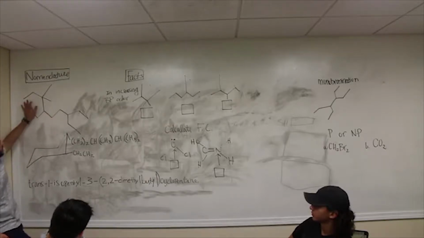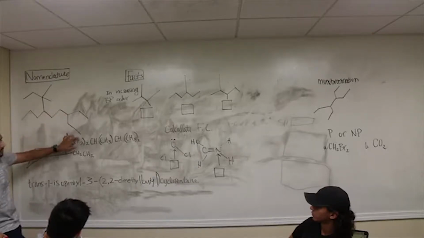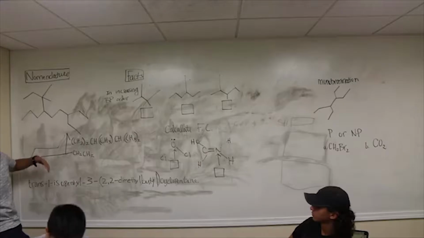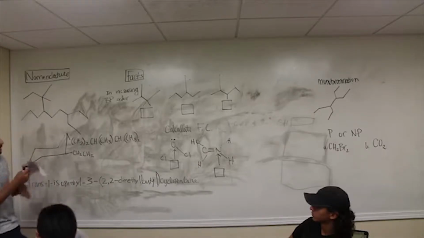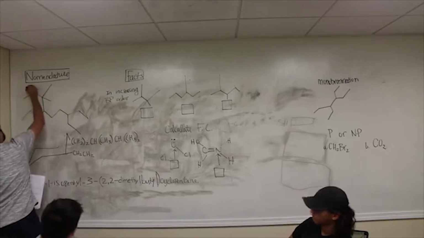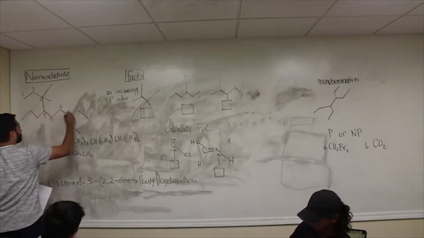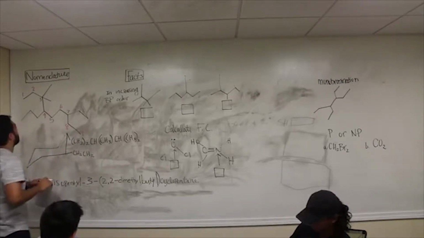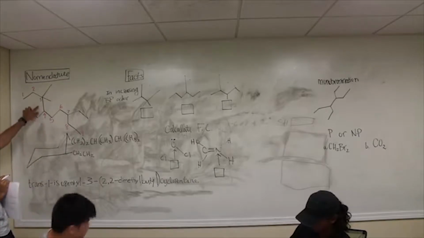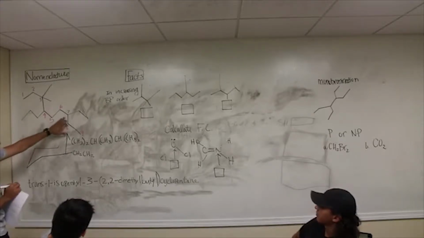But let's try the last way. 1, 2, 3, 4, 5, 6, 7, 8, 9. So 9 was the highest amount of carbons that we could have had. And if you look, once we number this, you notice that there are 2 substituents on 3. Having seen that, you also see your next substituent on 4 and your next one on 7.